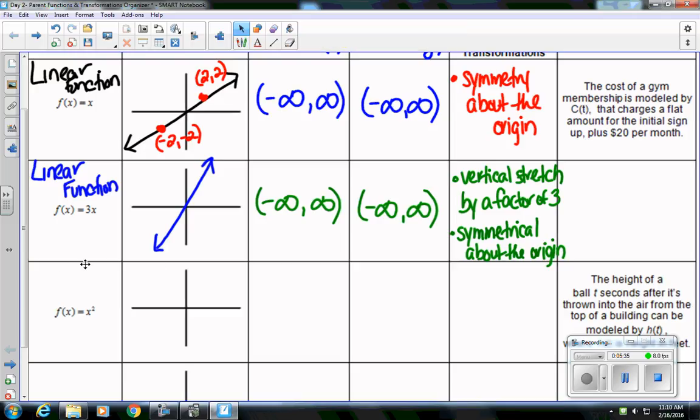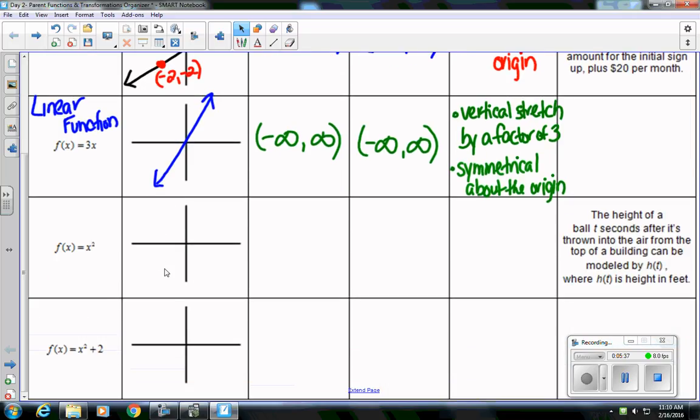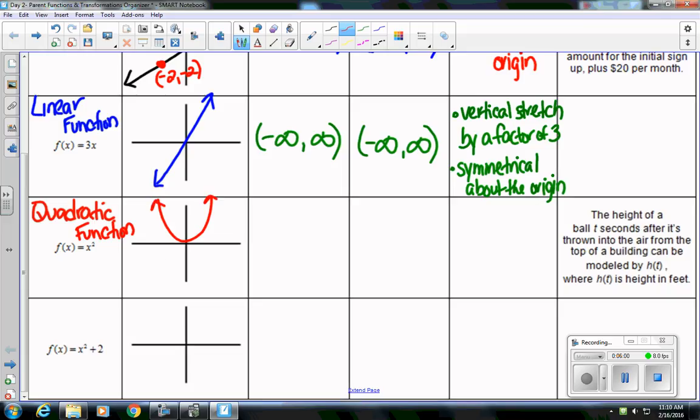Our next function is f of x equals x squared. You should recognize this as a quadratic function, and it is the parent function for the quadratic family. And we know the shape of that. It's going to form a parabola, and our basic parent function for the quadratic family looks like this.